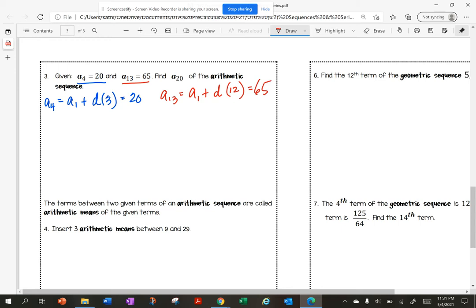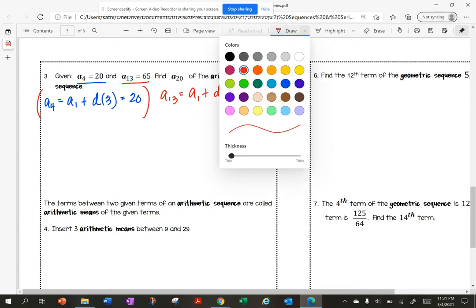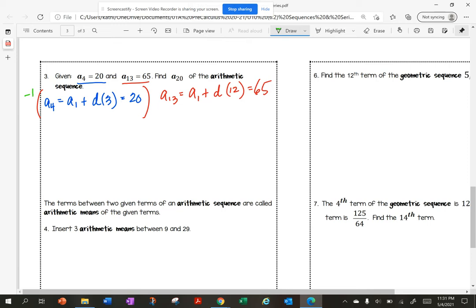When I write two equations, that means I have two unknowns, which are a1, the first term, and d, the common difference. So I'm going to eliminate a1. I'm going to multiply the first equation by -1. So this is going to be -a1 minus 3d equals -20. Now I'm going to add these two equations together. By adding, a1 totals 0.